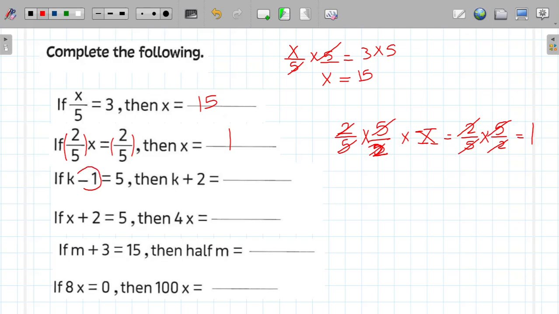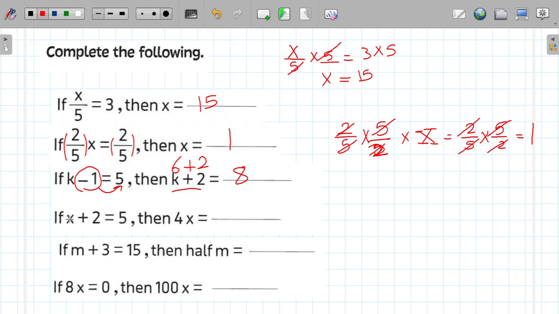So I will send minus 1 to the other side with the inverse operation. So it will be k equals 5 plus 1. 5 plus 1 equals 6. So the value of k is 6. So 6 plus 2 equals what? Equals 8. So the value of the expression is 8.